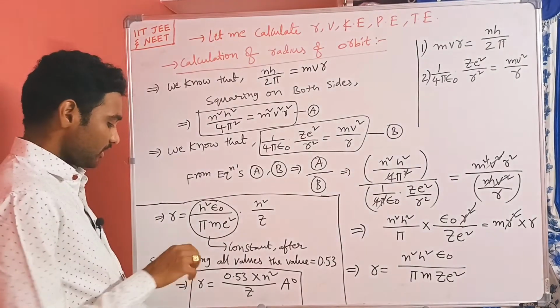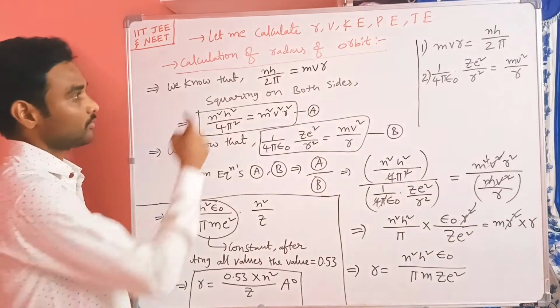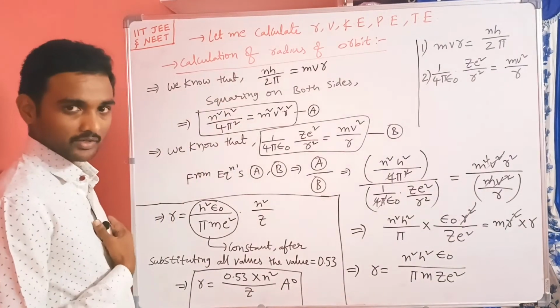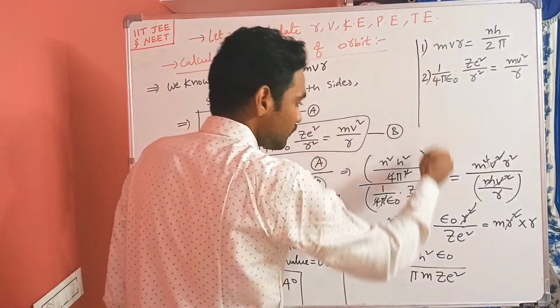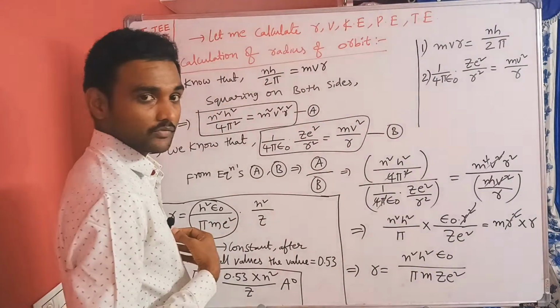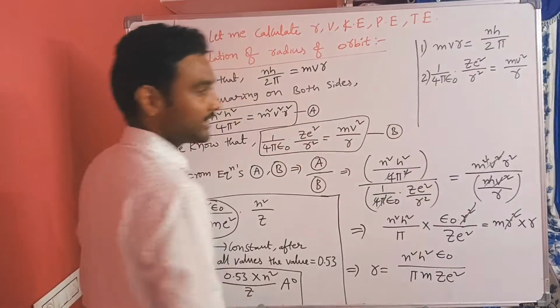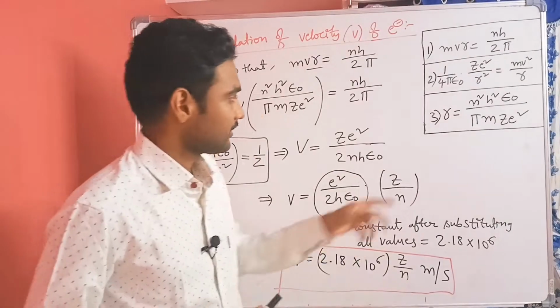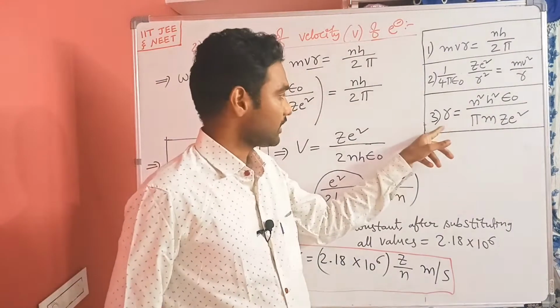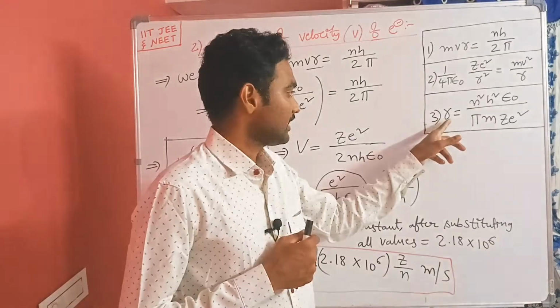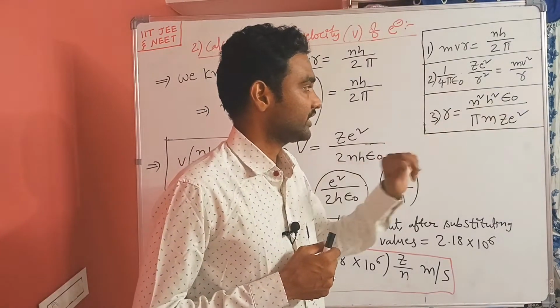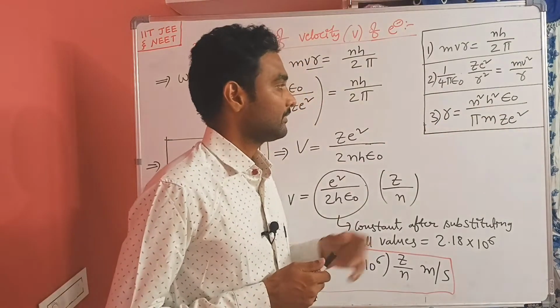This is the formula for radius of Bohr's orbit. This formula I have to remember. Here I will write all the formulas that I calculate, one after another. Now I am writing here the third formula: radius is equal to n square h square epsilon naught by pi m z e square.